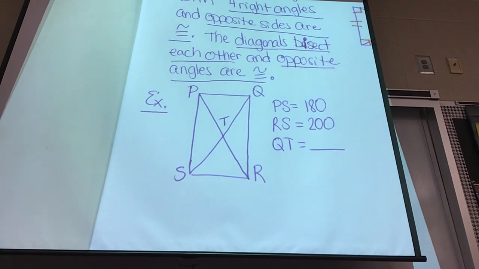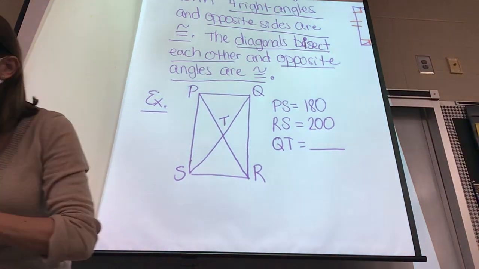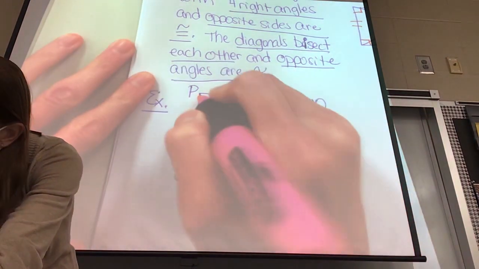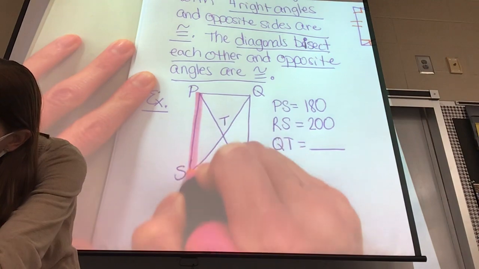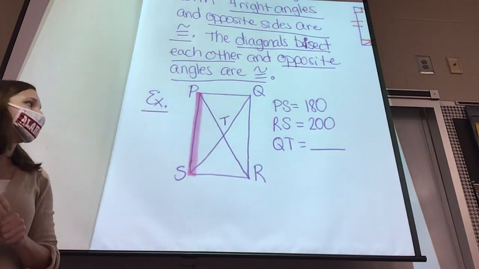Now, what do I know right now? I know PS is 180, and RS is 200. This side right here is 180.